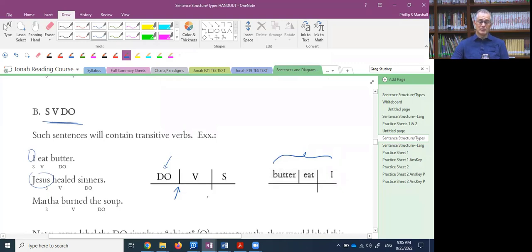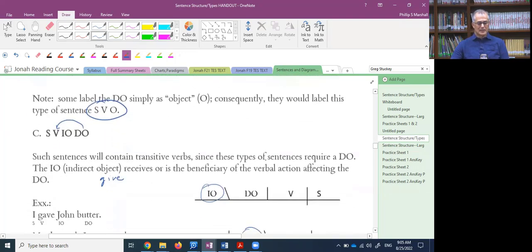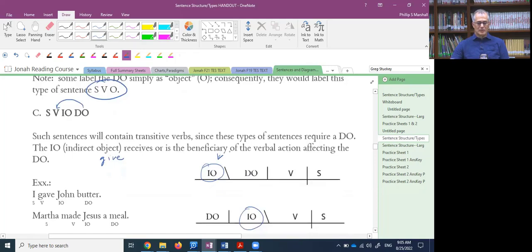So sometimes direct objects can be first in the sentence in Hebrew. The Hebrew sentence might say something like, my wife I have loved, or Jacob I loved, right? Where Jacob is the object. Well, I'm going to put Jacob over here and I over here and loved in the middle on my diagram. This is really the only place where I might have a little variation in terms of putting the direct object first or the indirect object first.